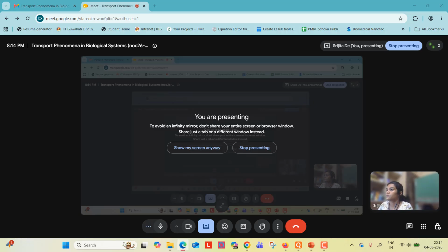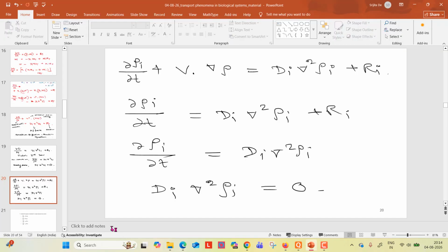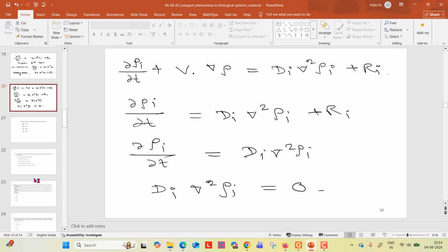So now we will go back to the problem solving portions, because that is ultimately important. These are the theory you need to know, and you need to do the derivation by yourself also, so that it will be easier for you in your exam, right? And not only in the NPTEL exam I'm talking about, this type of question may come in your GATE exam also.